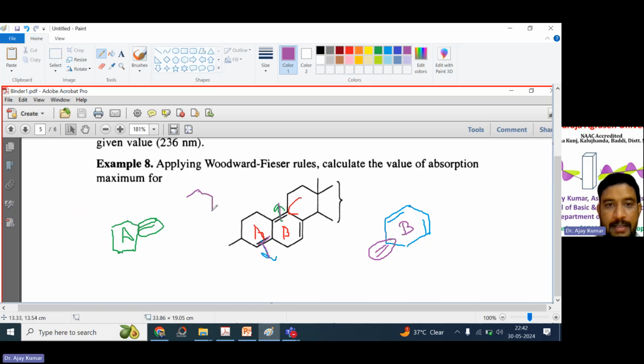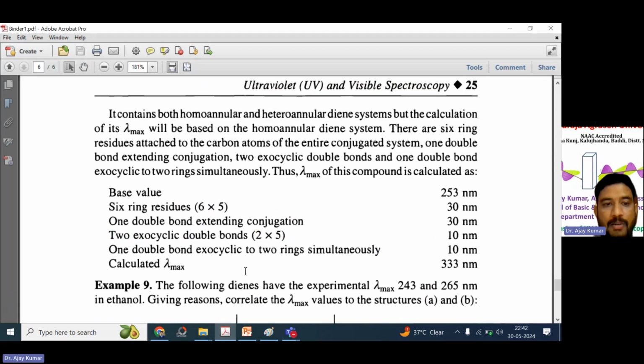If I draw ring C like this, here we will see we have such kind of exocyclic double bond, and this one. So total is four. For this particular diene system, we have four exocyclic double bonds.